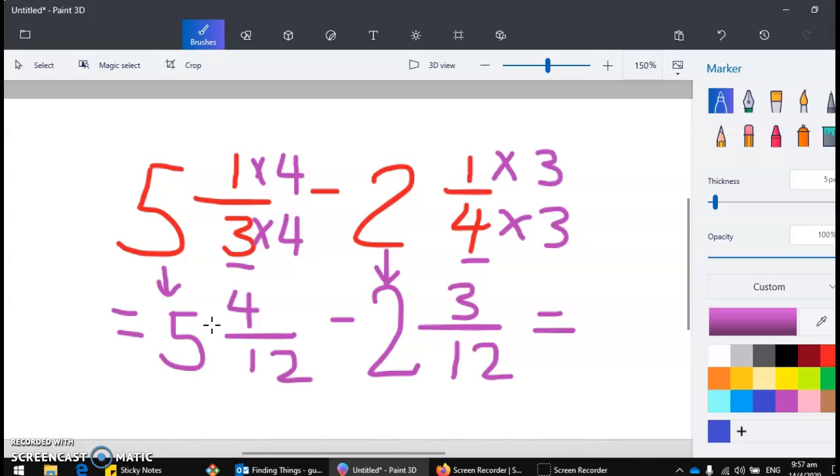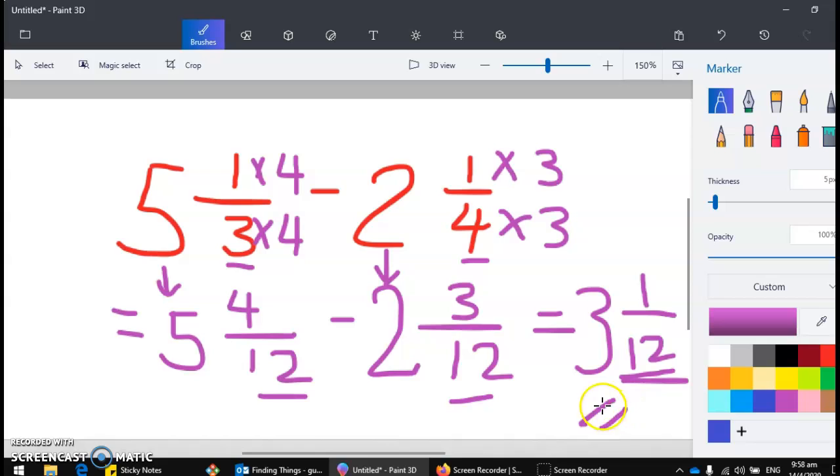Now we can look at the whole number. 5 minus 2 is 3. 4 over 12 minus 3 over 12 is 1 over 12, as 4 minus 3 is 1, and the denominator stays the same. Right, we've got the answer, 3 and 1 over 12. Do not need to simplify.